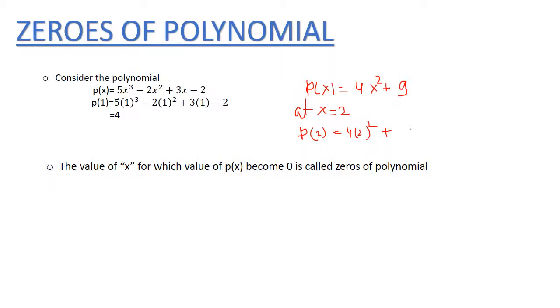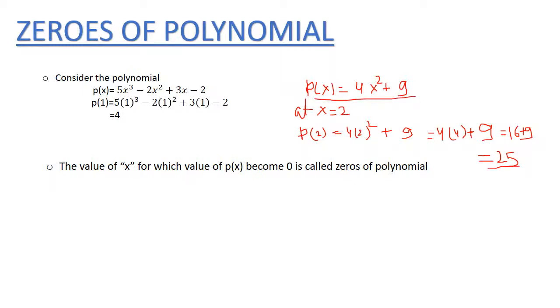We have to put the value of x in the place of x. So P(2) equals 4 times 2 square plus 9, or 4 into 4, since 2 square is 4, plus 9. That is 16 plus 9, which equals 25. So at x equal to 2 the value of this polynomial is 25.